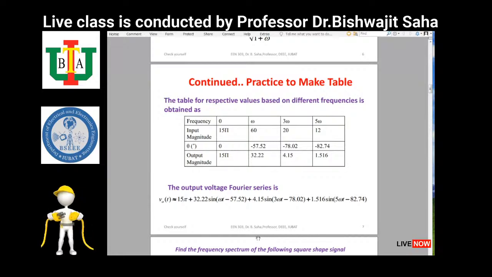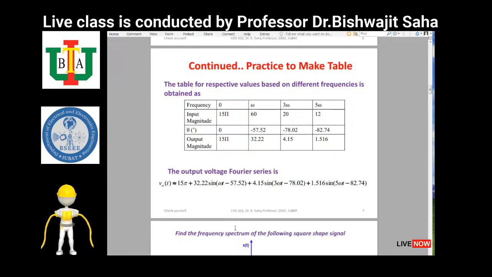So the amplitude is getting down as the frequency increases. At the end, we can say that the nth order harmonics are totally ineffective. That's why we don't calculate more than 11 or 15, but it depends on the application also.